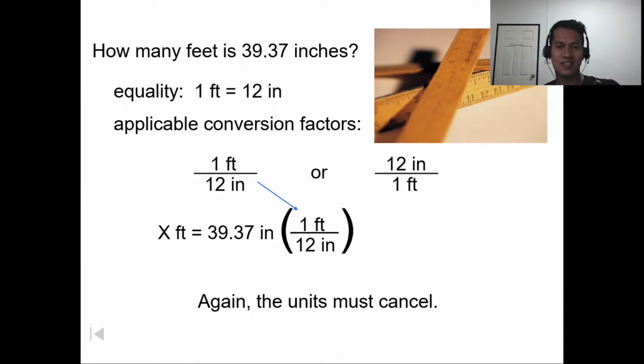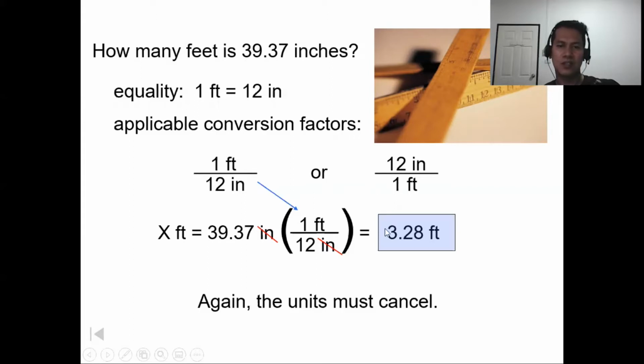Now you cancel it out, and what remains is your number and the correct unit. Since we are looking for feet, we're going to have feet. And there you go, that's the answer, 3.28 feet. So how many feet is 37.7 inches?